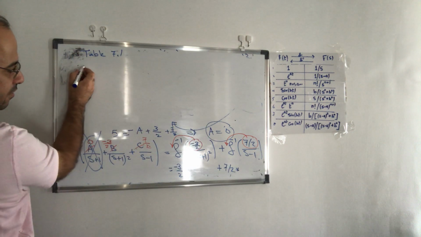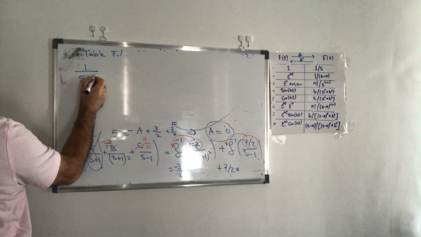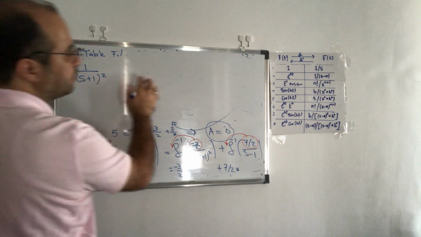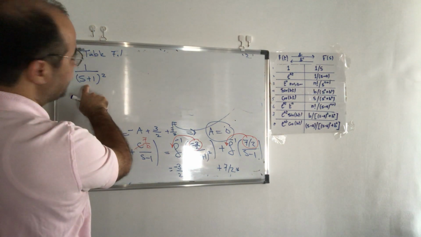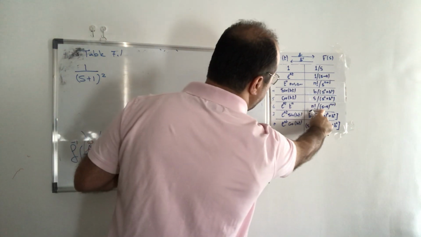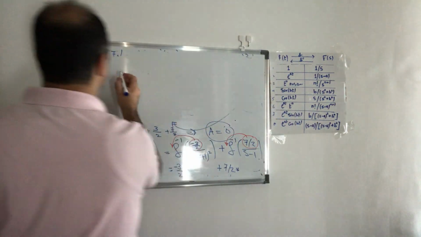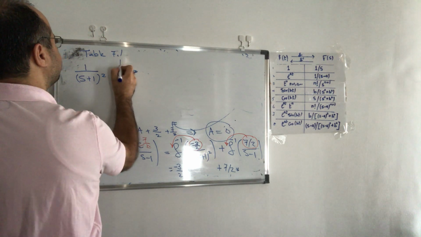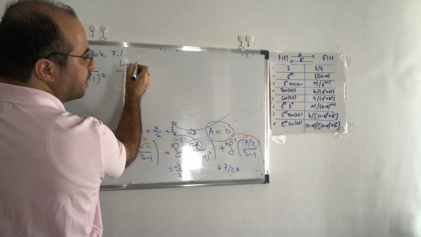Now from this table, we have 1 over S plus 1 squared. I need to compare with the table, so I need 1 over S, power 1, squared and shifted. So I think it is line 6, right?